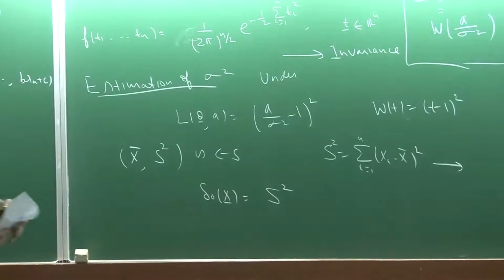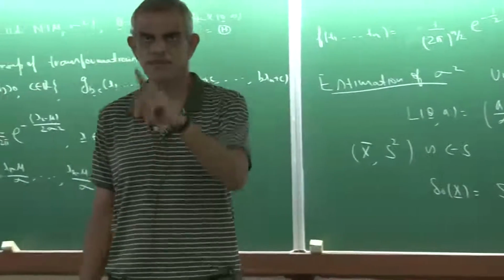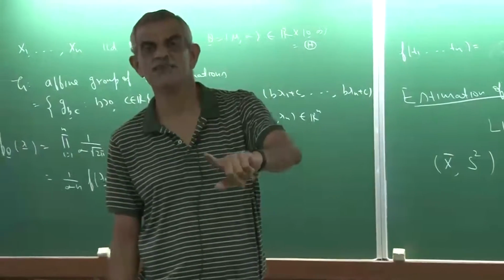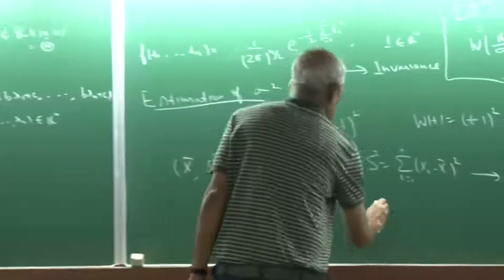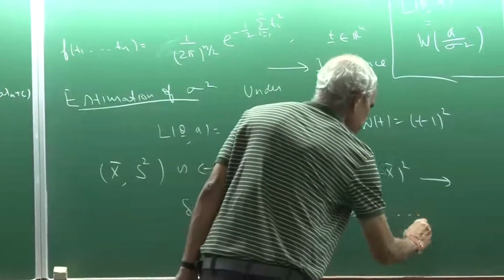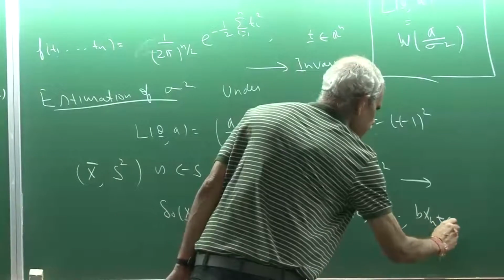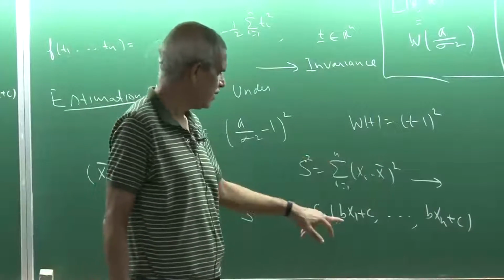Now for this to be invariant, what do I have to see? Delta naught of bx1 plus c, bx2 plus c, ..., bxn plus c should be the same as b square times delta naught of x1, x2, ..., xn. So what happens in s square is xi minus x bar.